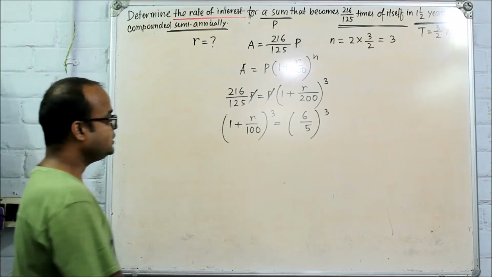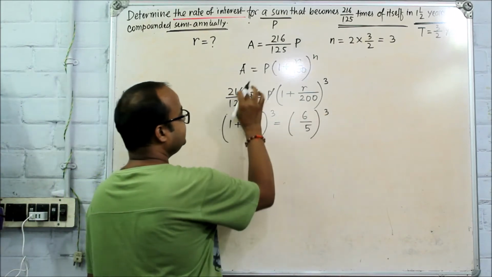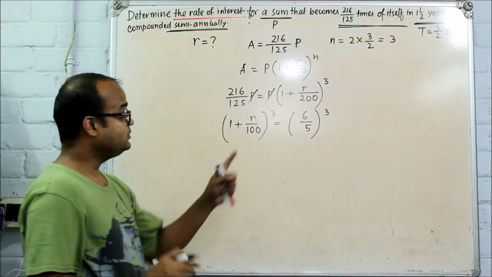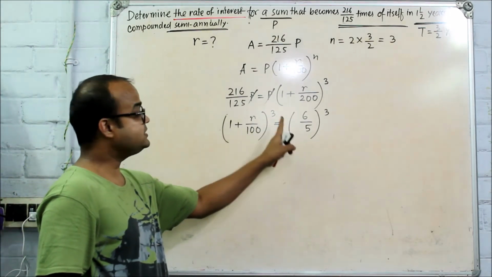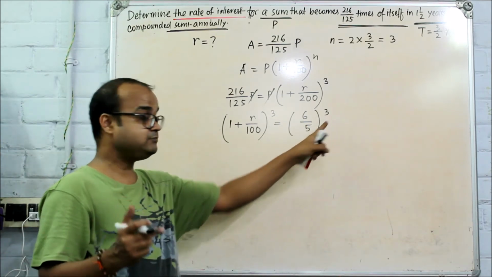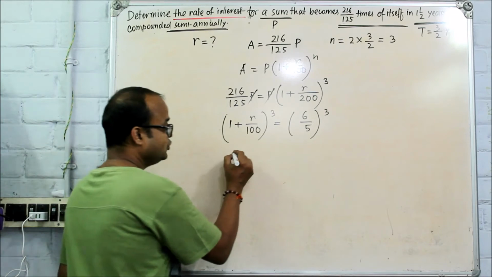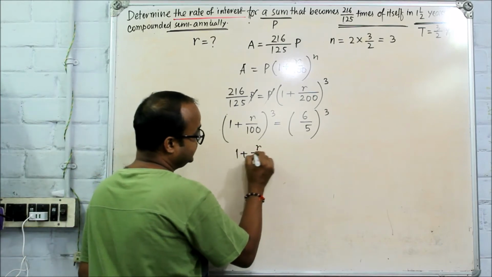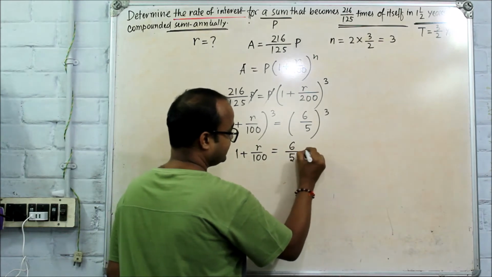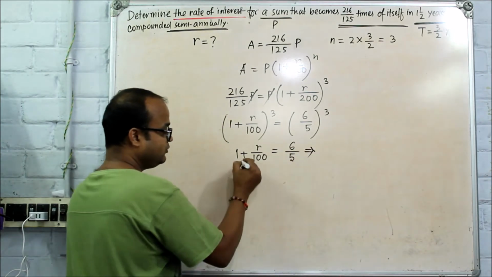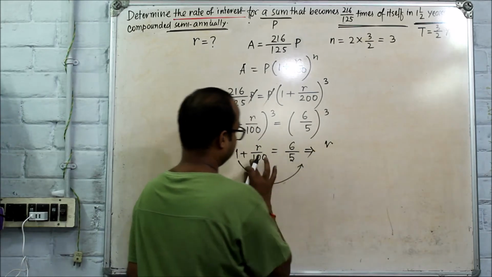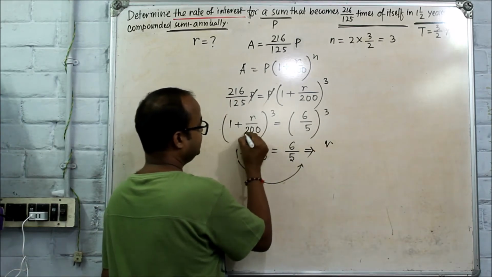Clear? Because 6 by 5 to the power 3 means, now why I am writing this? If we equate this, since exponent or power is same, so base should be same. So 1 plus R by 200 is equal to 6 by 5. Now we'll take this one to the other side.